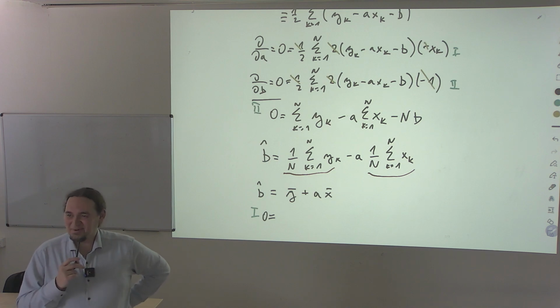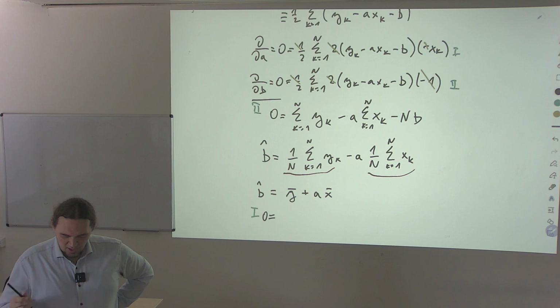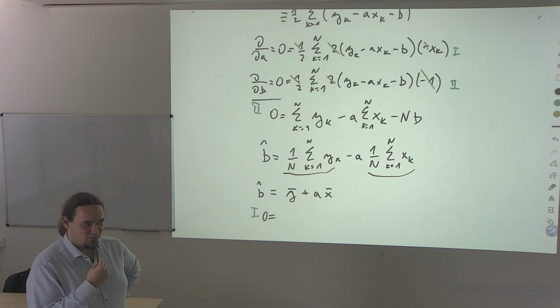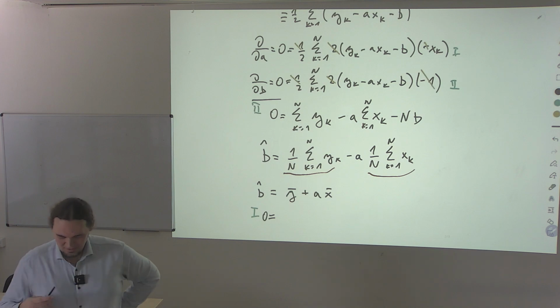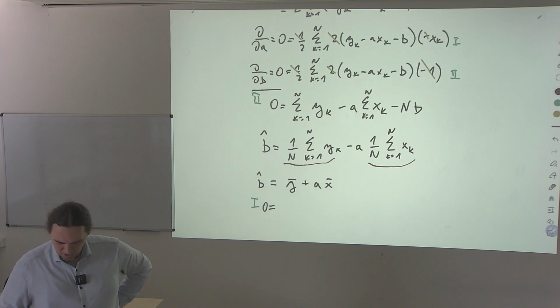I'm not sure whether this will happen. But actually, we will not solve for a. We will just make it into some convenient form, and then we will see how we can solve it easily.